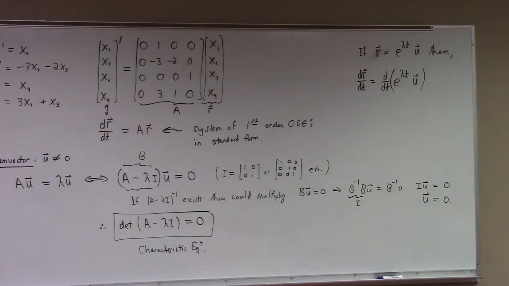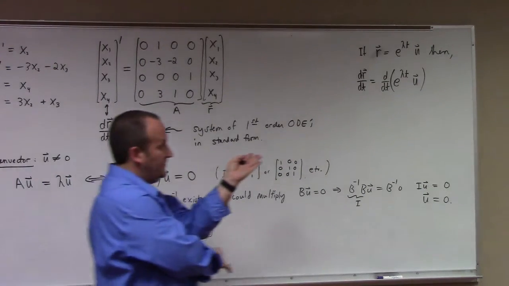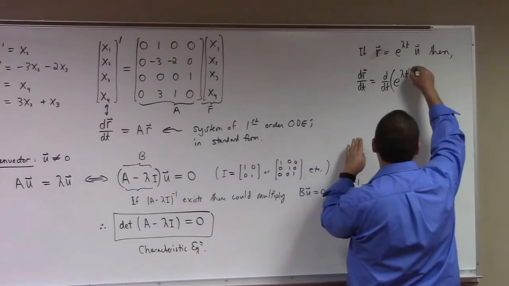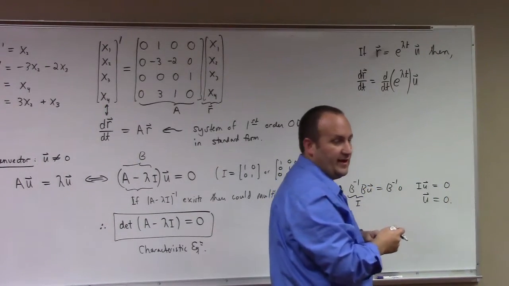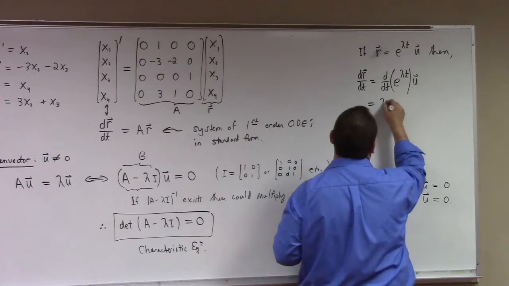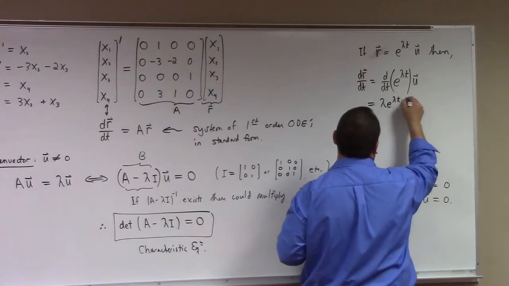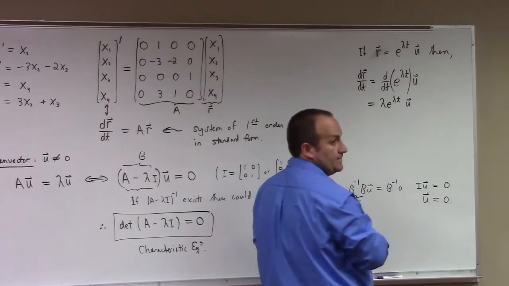So if I let R equal e to the lambda t times U, where U is, again, an eigenvector for the eigenvalue lambda. U is constant. That means I can pull it outside of the differentiation, right? What's the derivative of e to the lambda t? Hey, we know that. We've done that before. Lambda e to the lambda t, U, right?